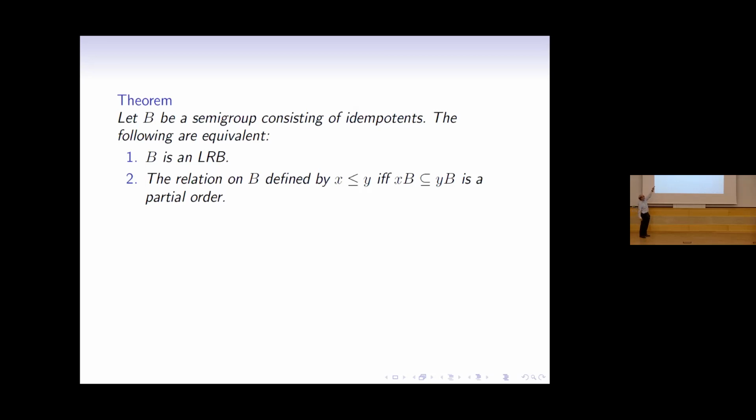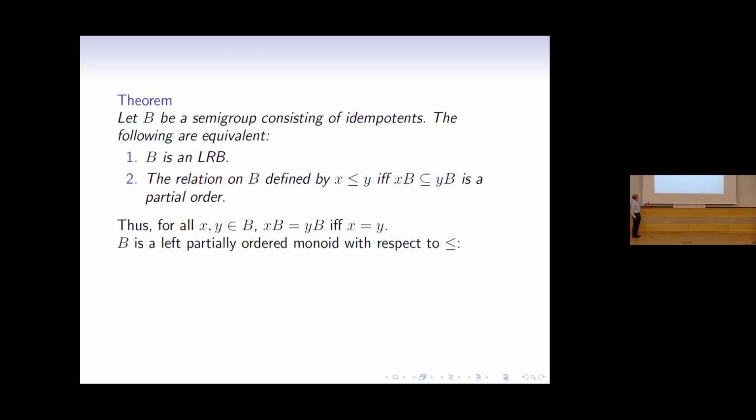Here, this relationship is a partial order, which means that I can consider a left regular band also as a partially ordered set. Being a partial order just means that every principal right ideal has a unique generator. Now, not only does it have a unique generator, not only can we consider B as a partially ordered set, but the connection to the multiplication is that left multiplication preserves this order.